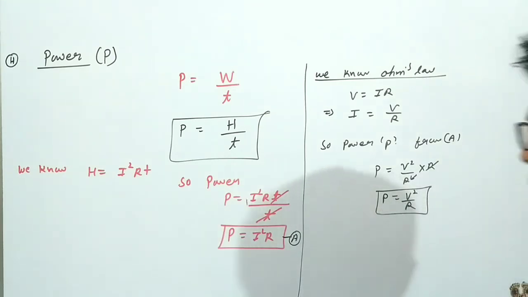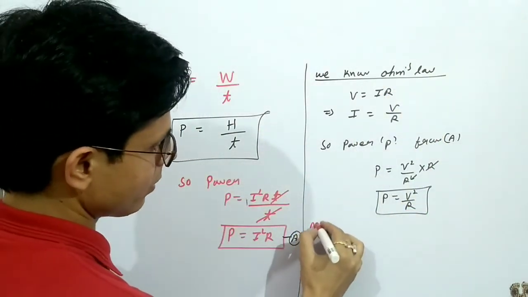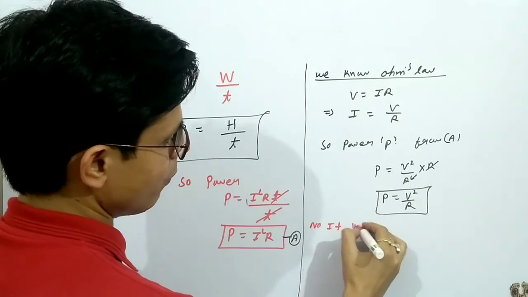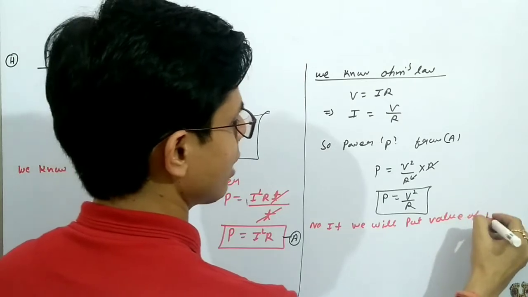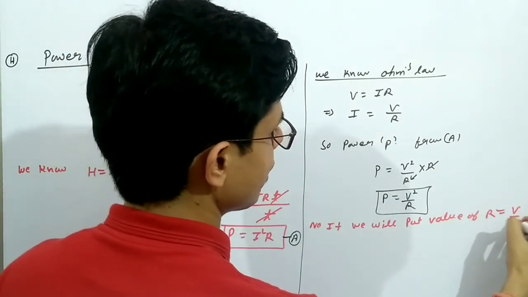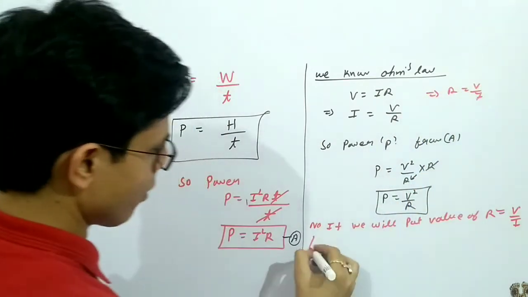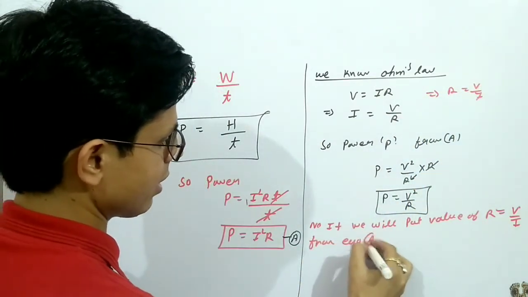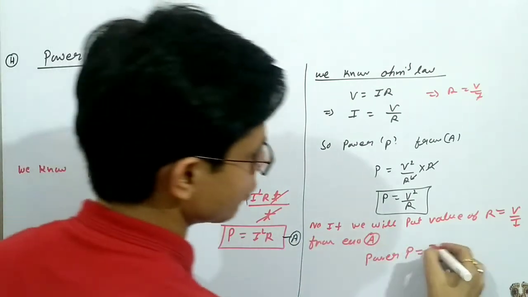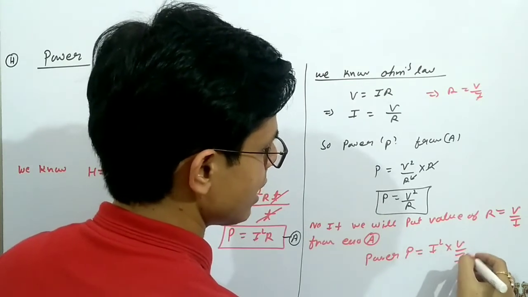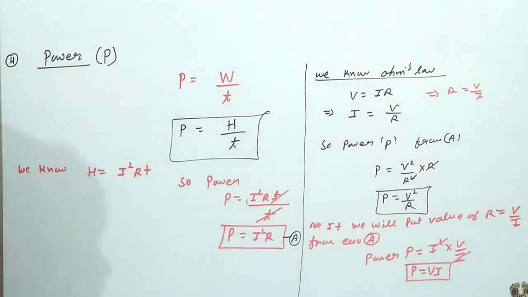Now, if we put the value of R equal to V upon I in equation A, power P equals I square into V upon I. I cancels out. P equals VI. This is another form of power.